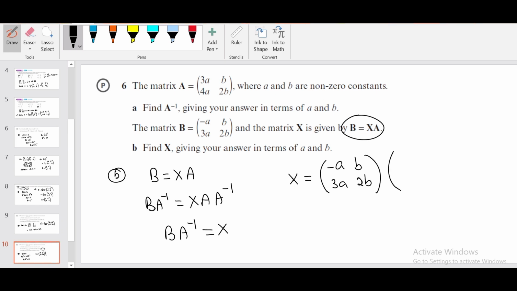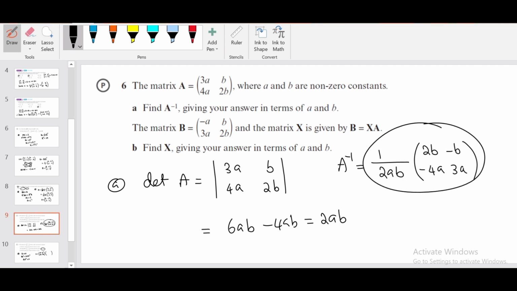Okay? If you look at A inverse, you need to divide every term by 2ab, right? So it becomes 1 over 2a, minus 1 over 2a, minus 2 over b, 3 over 2.